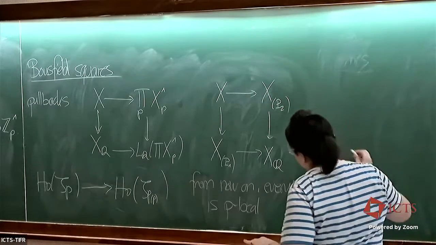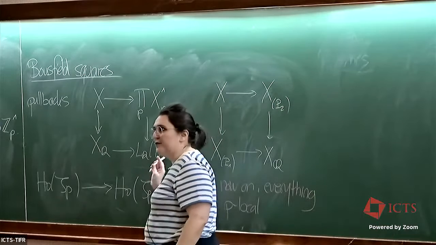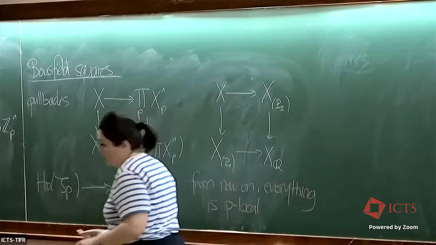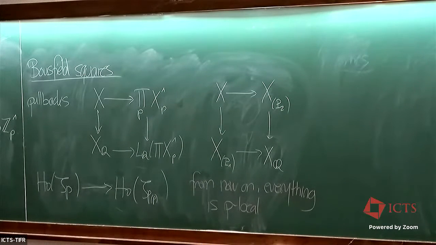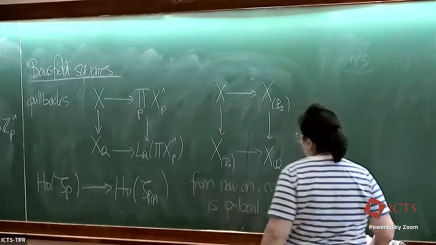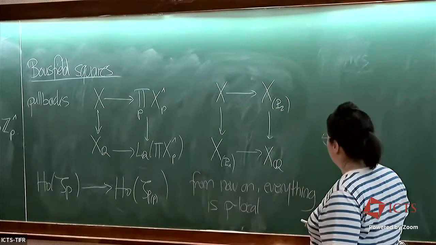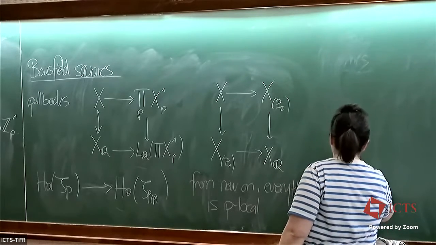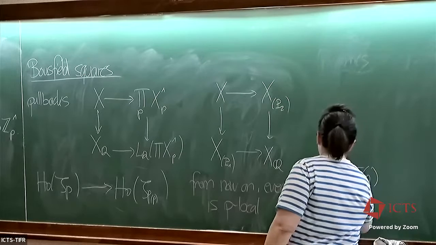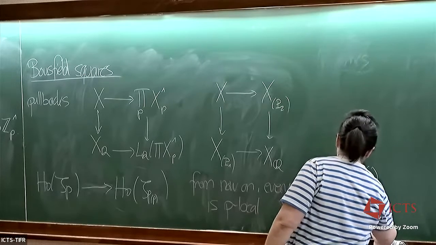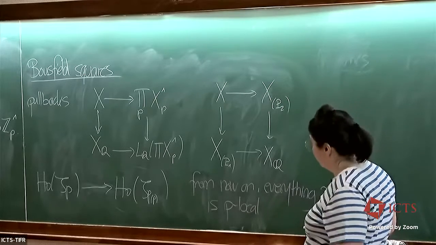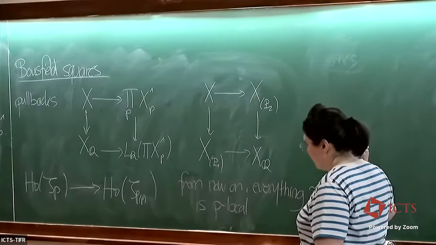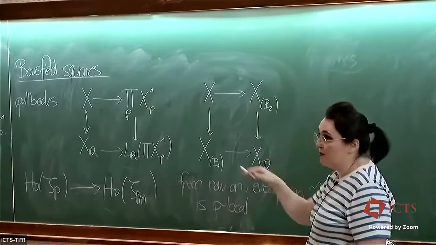So let's take this and decompose it further, much, much further. So for a fixed prime p, I would like to define homology theories E_n and K_n and localize with respect to these and see what I get.